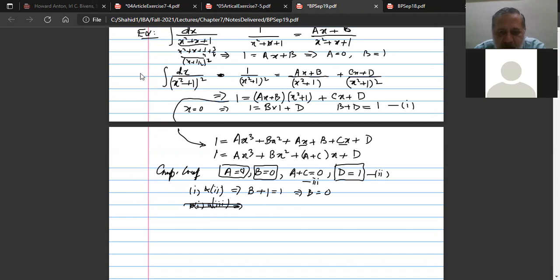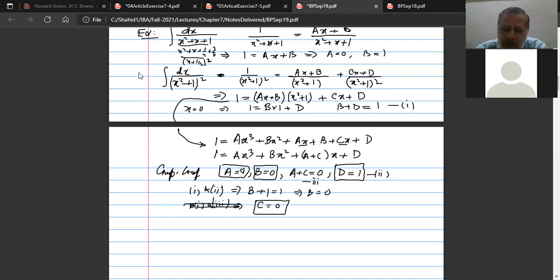B is equal to 0, already there. A plus C is equal to 0. So A is 0 means C is 0. Lots of things have vanished. And what are we left with? A is 0, B is 0, that means C is 0. That means I don't have any advantage again.